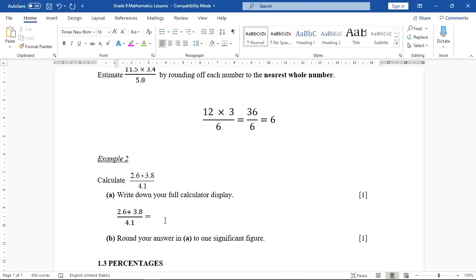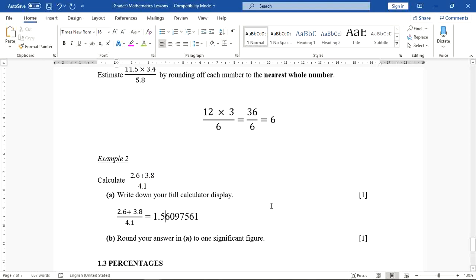One day I'm planning to have a lesson where I'll show you how to use a scientific calculator. So if you punch in 2.6 plus 3.8, everything divided by 4.1, you get something like 1.560975661. That is what I got on my calculator. So that is the answer for part A.